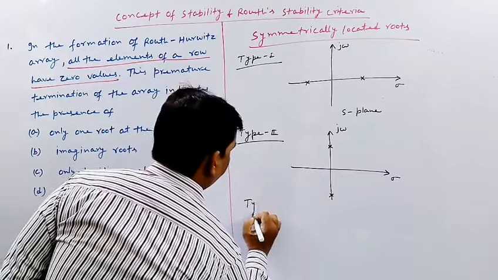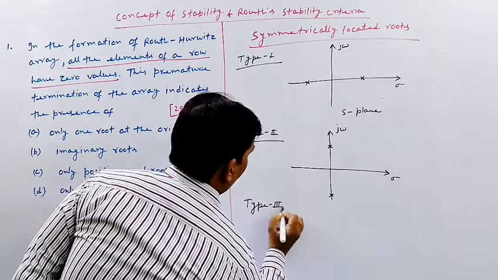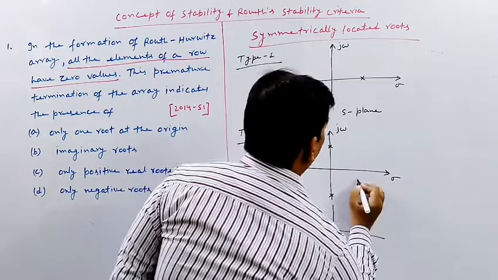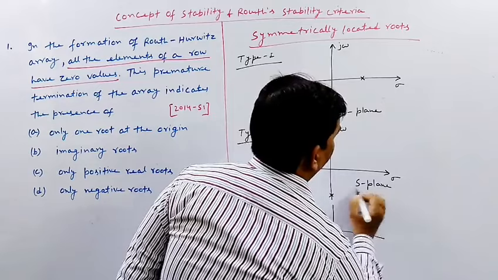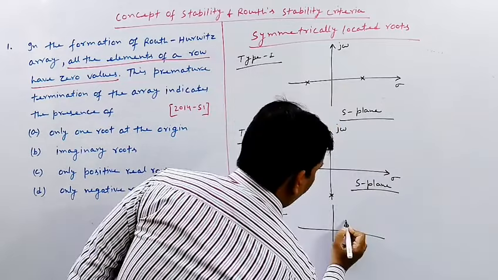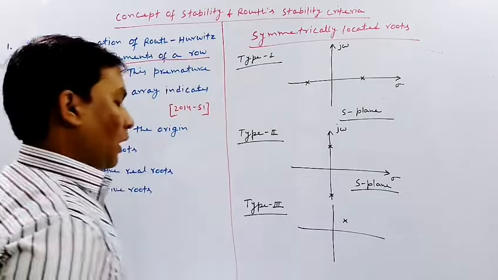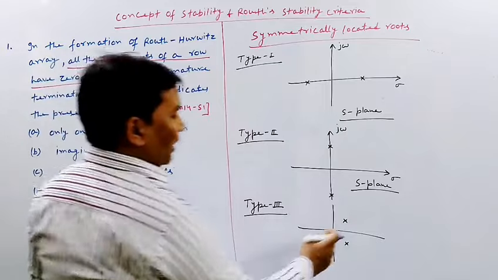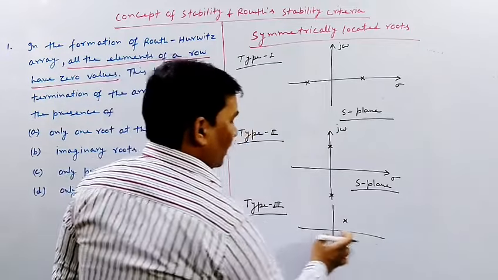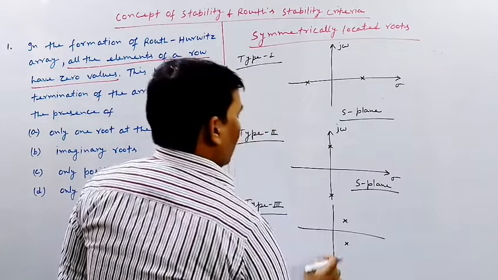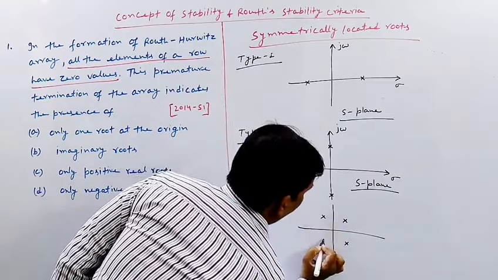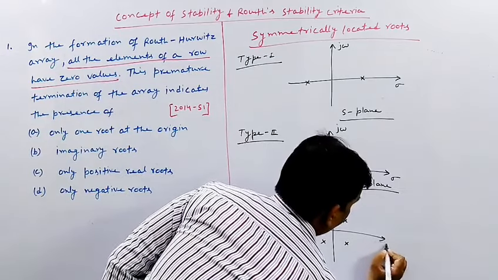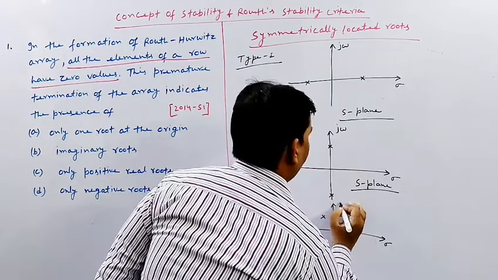Type 3: this is also the S plane. There is a pole, suppose here. So there must be a pole at the mirror image along the real axis and the mirror image along the imaginary axis also. So there must be 4 poles, 1 pole in each quadrant. This is the real axis and this is the imaginary axis.